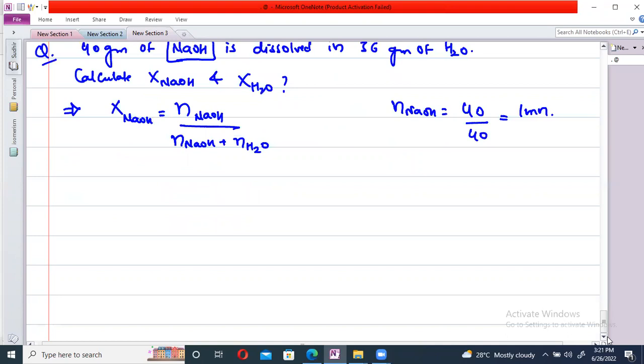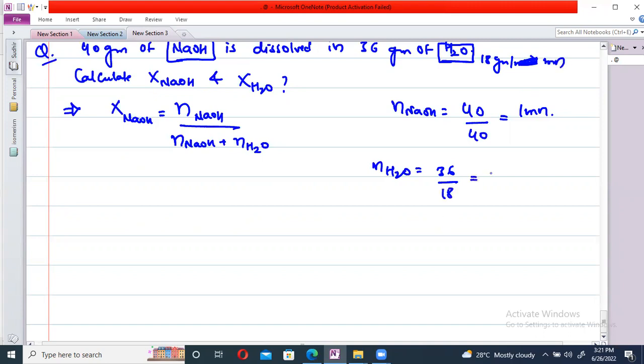How to get the number of moles of water now? Number of moles of water equals weight by gram molecular weight of water, which is 18 gram per mole.